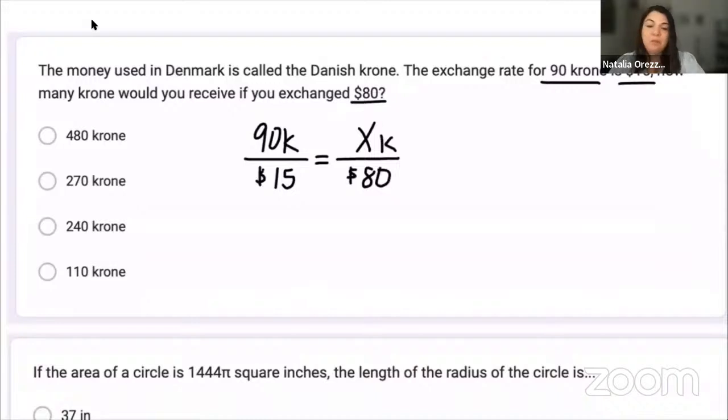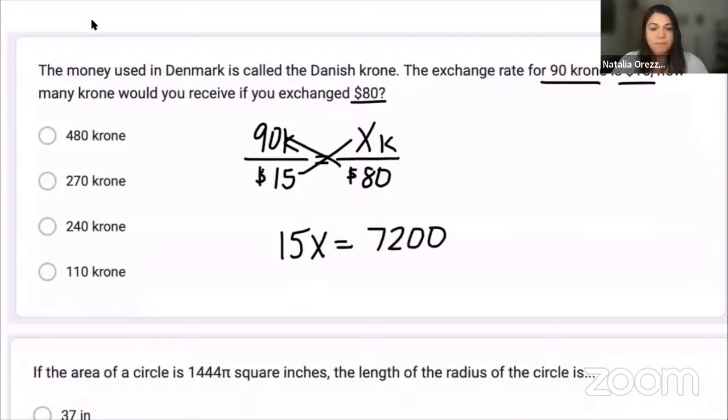So now that I've put in my information, I am ready to cross multiply the same way that I did with my percent questions. So 15 times X is 15X. 90 times 80 gives me 7,200. Okay?